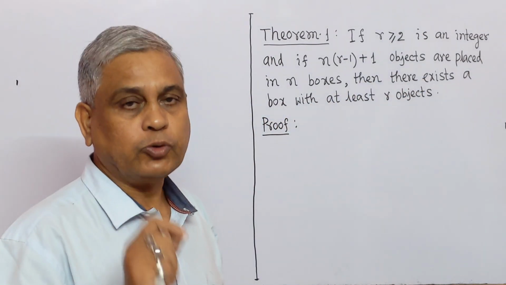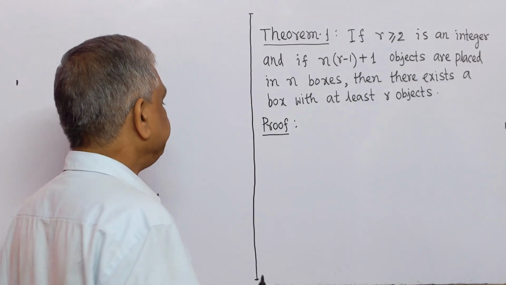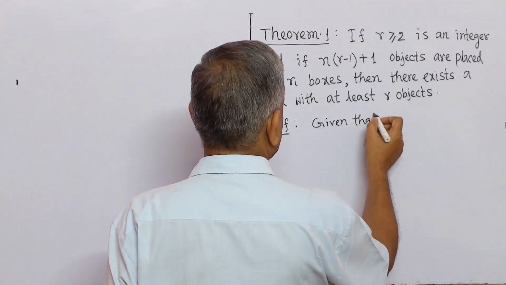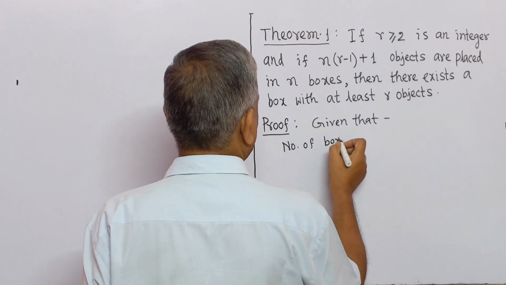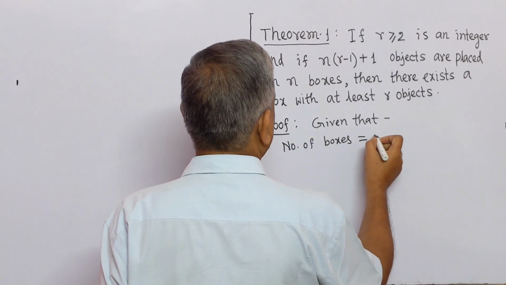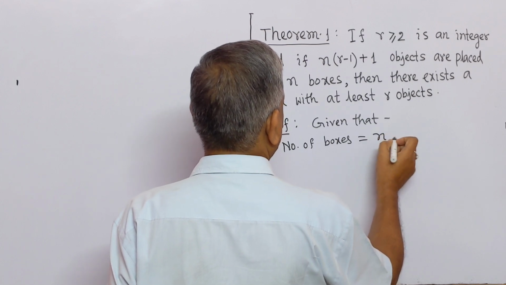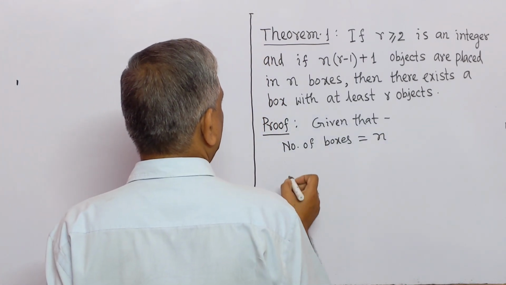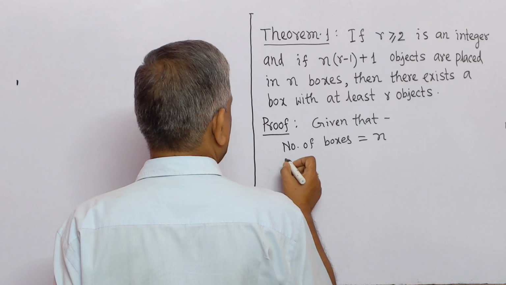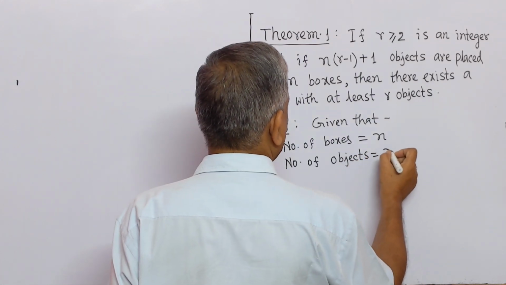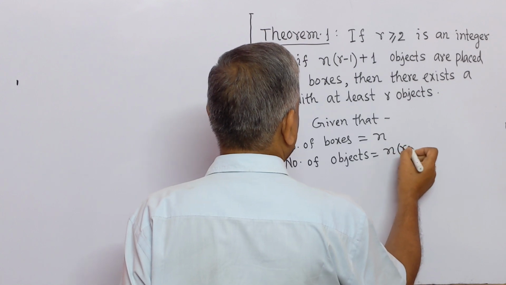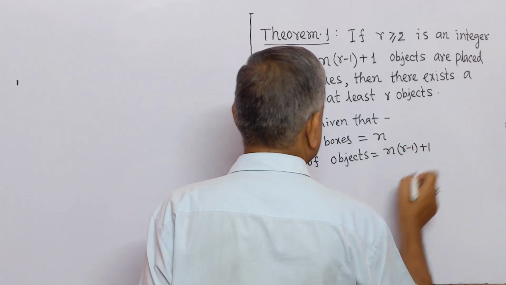Now we prove this. Proof. Given that number of boxes equal to n, number of objects equal to n multiply (r minus 1) plus 1.